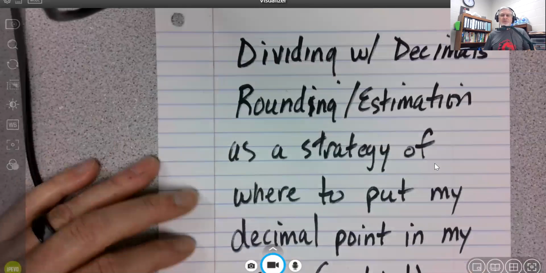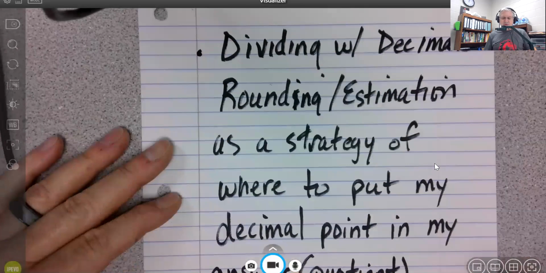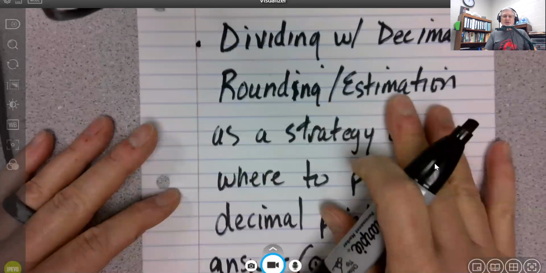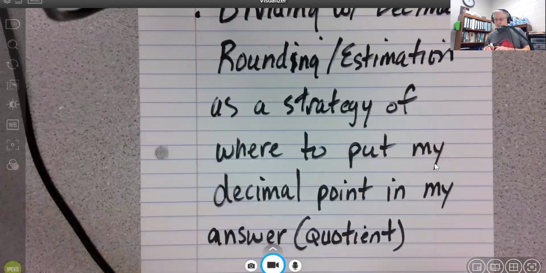This is what we learned today. This was our learning target: I can divide with decimals using rounding or estimation as a strategy to where to put my decimal point in my answer or in my quotient.